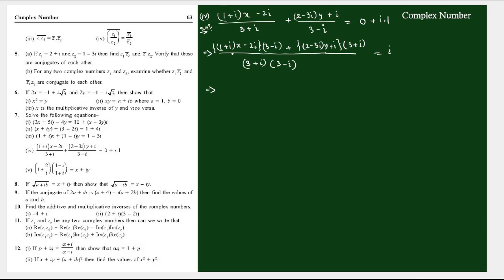Then here we will multiply. So we try to solve.